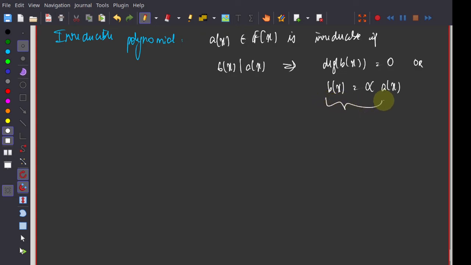Another way to put this is that the degree of p of x equals the degree of a. So it doesn't have any non-trivial divisors. This is the generalization of prime numbers.